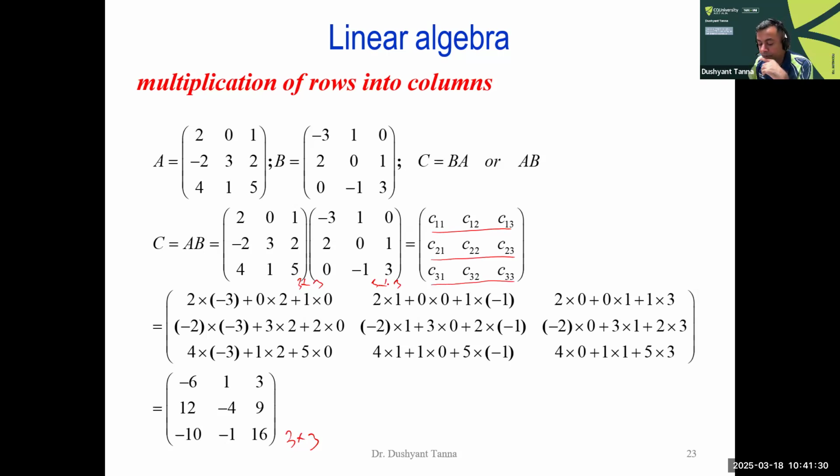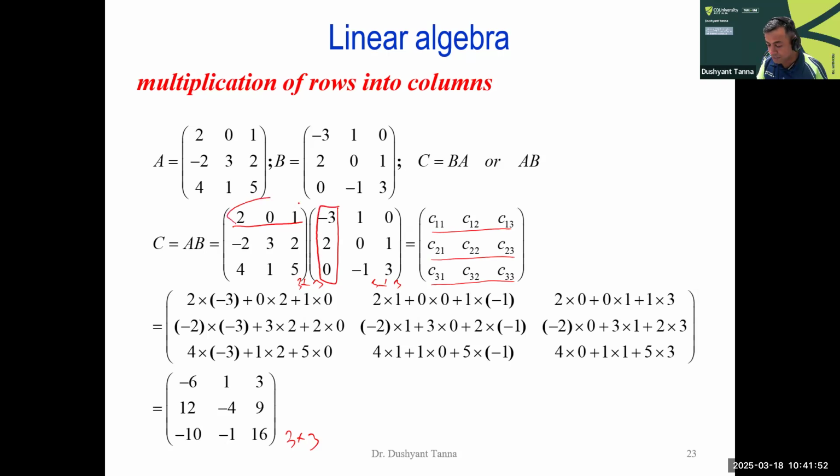Okay. Right. So before I say it, you should say it to yourself. What is C11? Say it to yourself. If you're watching the recording, attending the class, C11. Tell it to your mind. What is C11? First row, first column. First row, first column.